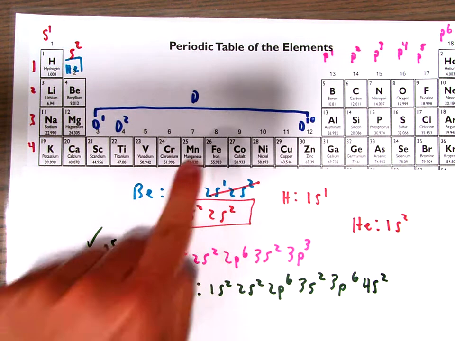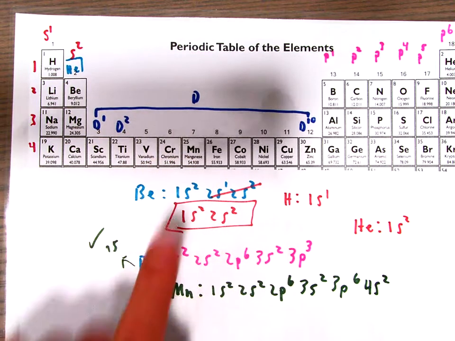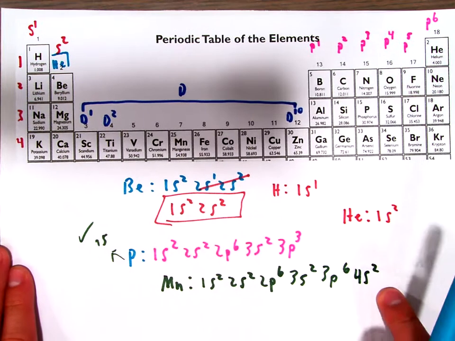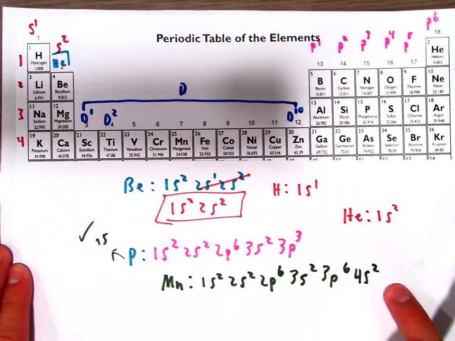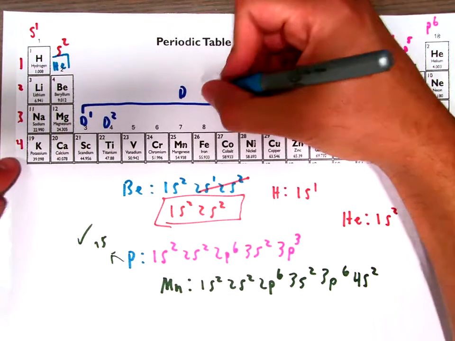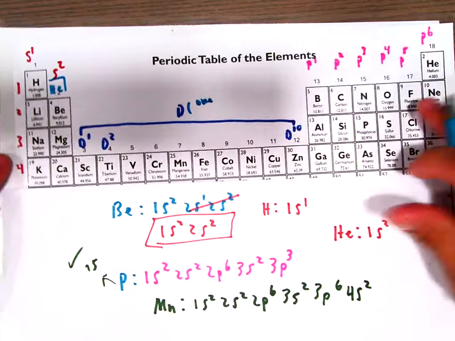Now here's magnesium, right? It's D1, D2, 3, 4, 5. So you probably think it's going to be 4D5. However, that's incorrect. This whole D block is one energy level lower.